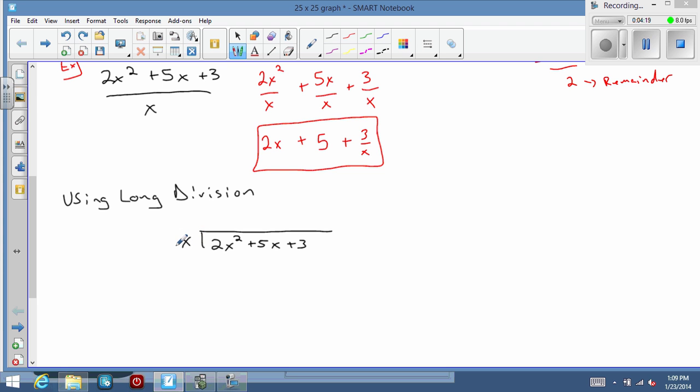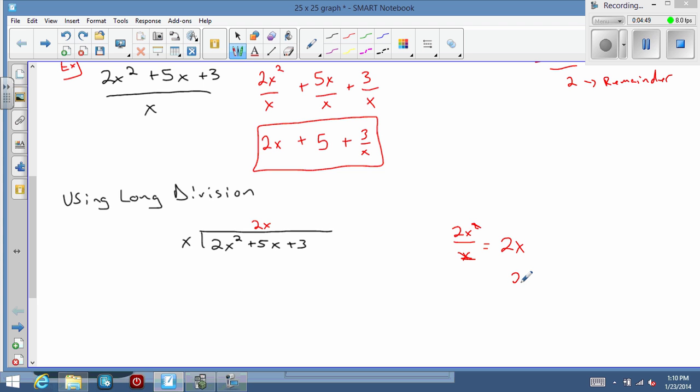So if I'm going with long division, I'm going to ask myself, how many times does x go into 2x squared? So to do that, I could say, well, 2x squared divided by x. If I cancel out one of the x's here, I get 2x. So that number is going to go up here. I'm going to write that above the 5x.